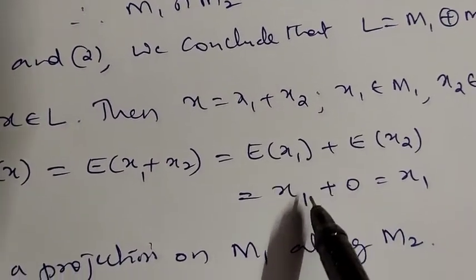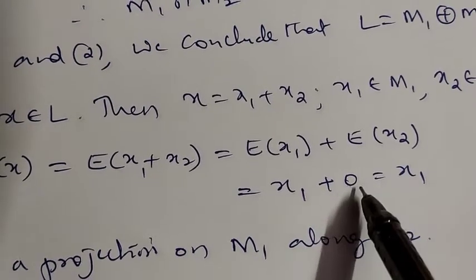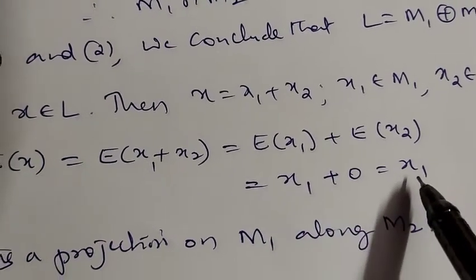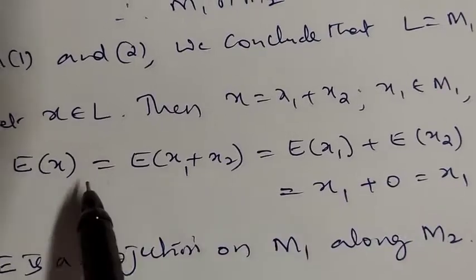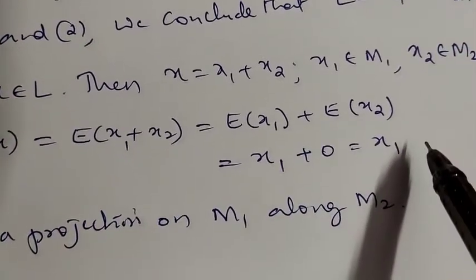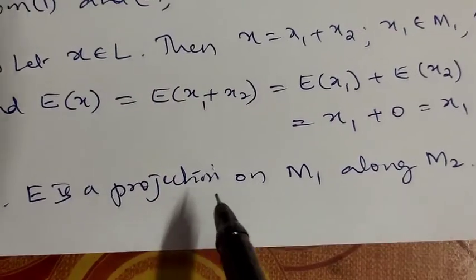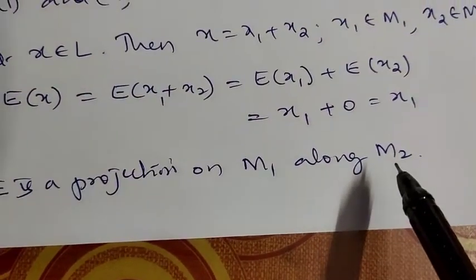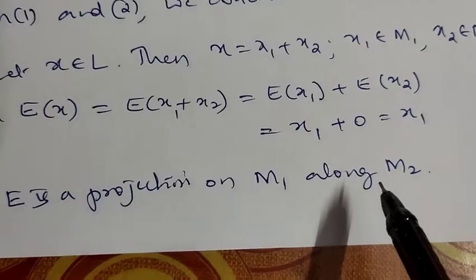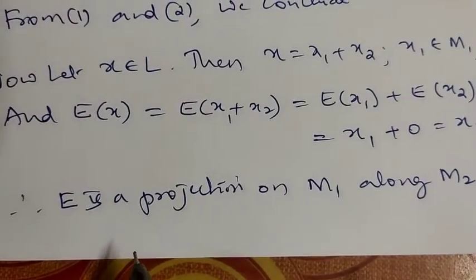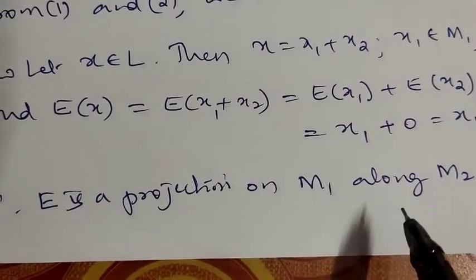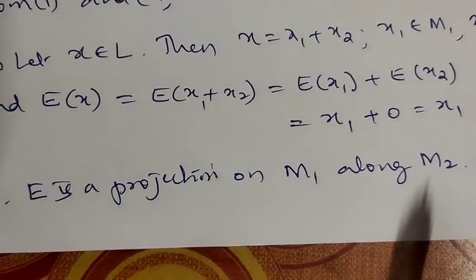E of x1 is x1 itself, and E of x2 is 0. Therefore x1 plus 0 is x1 itself, so E of x is equal to x1. Then by the definition of a projection, E is a projection on M1 along M2. So we have assumed that E is idempotent and we have shown that E is a projection on M1 along M2.